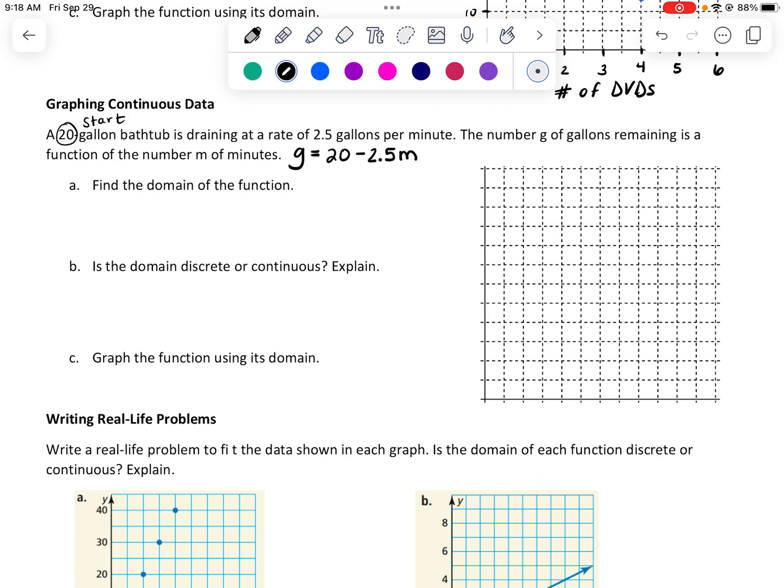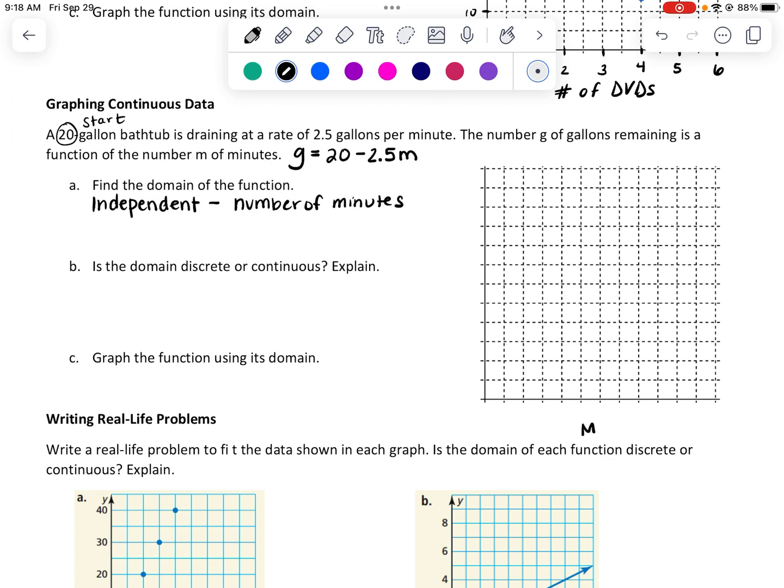So think about what is independent here. Find the domain. What is the independent variable? The number of minutes. The number of minutes will influence how many gallons are left.